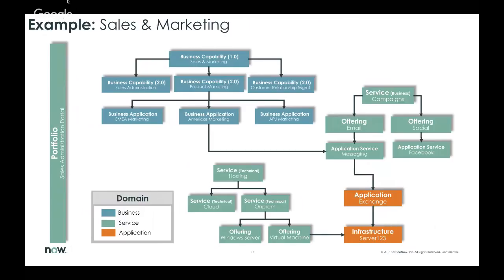In this particular case, we're basing the business applications off the geographies. So we've got EMEA, Americas, and APJ representations of those environments. And then from a business service perspective, we've got campaigns. The offerings are email and social. And then we've got application services of messaging and Facebook. And then you can see the messaging drops down and goes into Exchange. And then the infrastructure. And then you've got the technical service there related to the left as well.